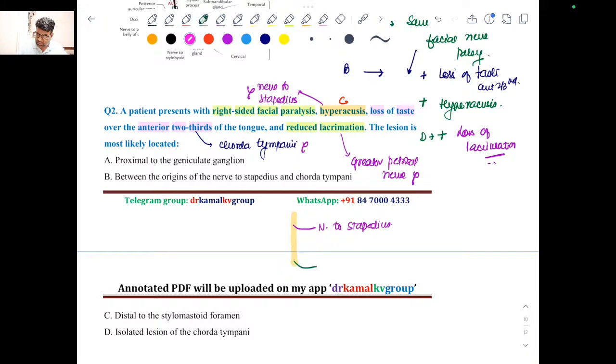Lower down, this is say chorda tympani. So option B is telling you that nerve injury is somewhere here. So in that case, nerve to stapedius will be okay, and the patient will not have hyperacusis, but the patient is having hyperacusis.